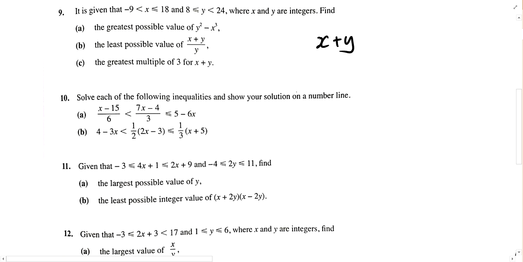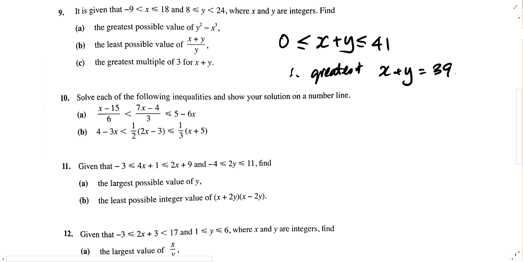X plus y now ranges from 0 to 41. Okay, because the smallest possible value for x is -8, and -8 plus 8 is 0. And then from 18 all the way to 23, we get 41. So the greatest x plus y equals 39.